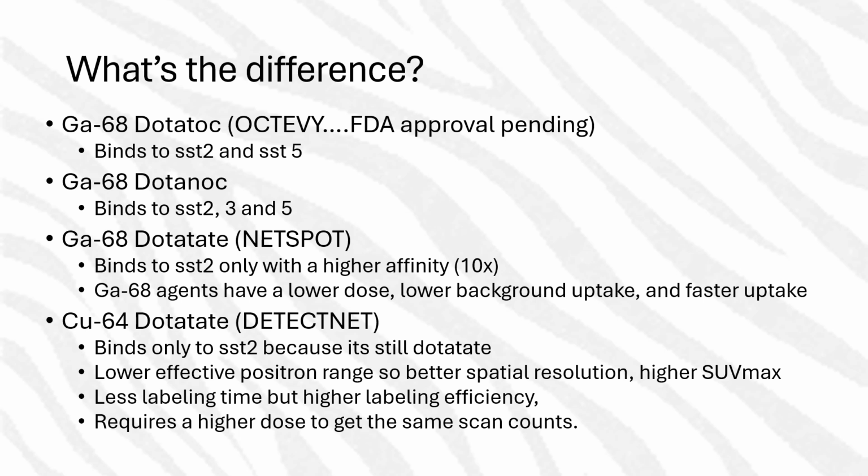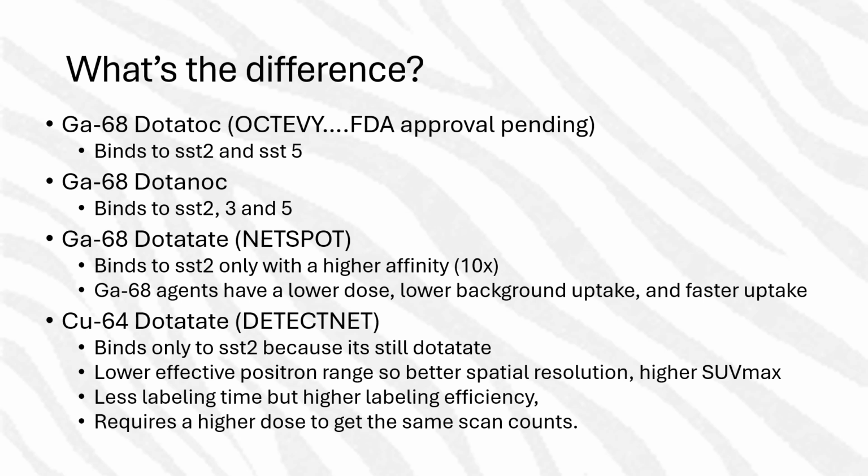Now, copper 64 dotatate, also called DetectNet, that one only binds to the somatostatin 2 receptors also, and that's because it's still dotatate. Notice both of those are dotatate, and so it's the same dotatate, just tagged to a different isotope. So the DetectNet, the copper 64, will also have a higher affinity because it only binds to somatostatin 2 receptors.